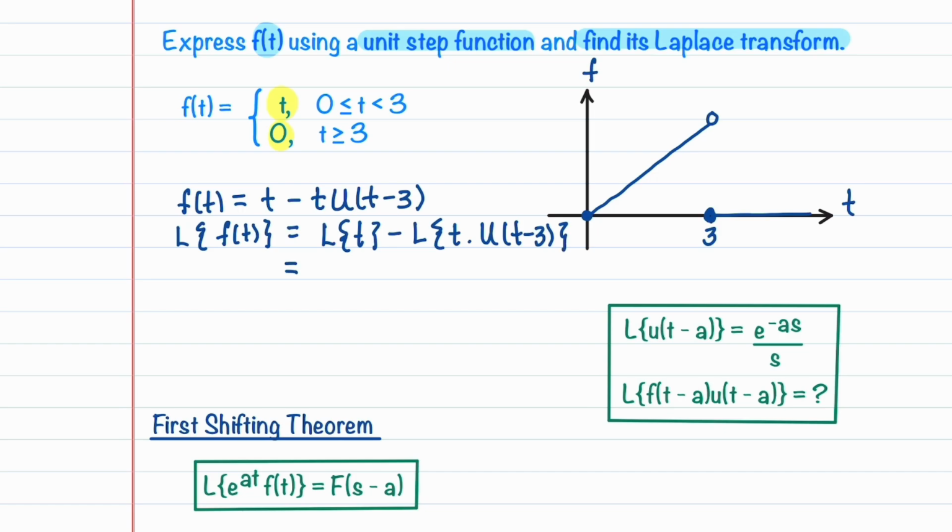The Laplace transform of t is equal to 1 over s squared, and then we need to find the Laplace transform of t times u of t minus 3. We actually don't know what this is. We know the Laplace transform of just u of t minus a, but we don't know the Laplace transform of a function times u of t minus a. The second shifting theorem is going to tell us what this transform is.